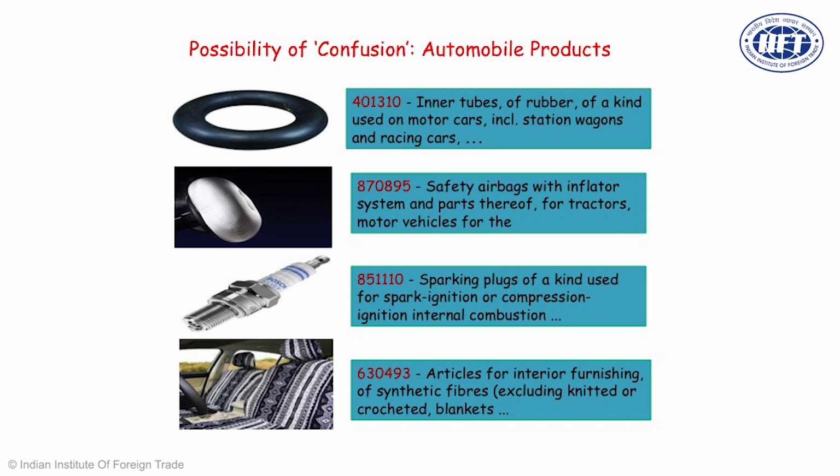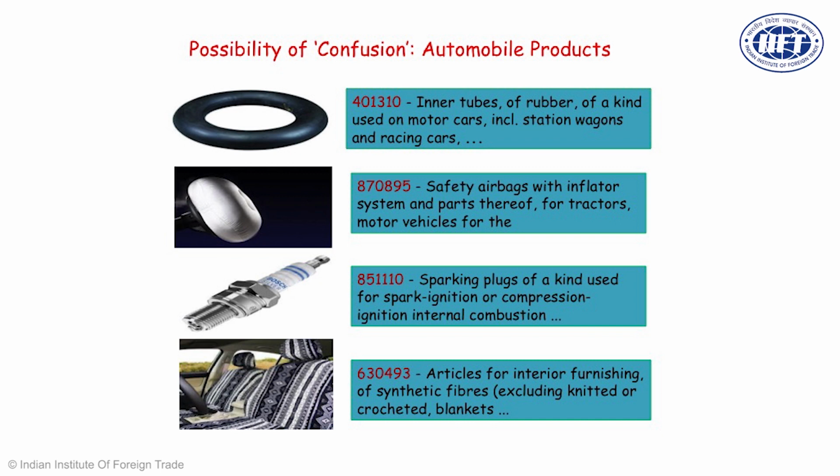Conversely, if you look into safety airbags, they appear under HS 87 because they are focused on automobile products. Spark ignition, on the other hand, is going to be used in engines, and might be used in certain other products as well, apart from automobiles. So they will come under HS 85, that is for engines only.